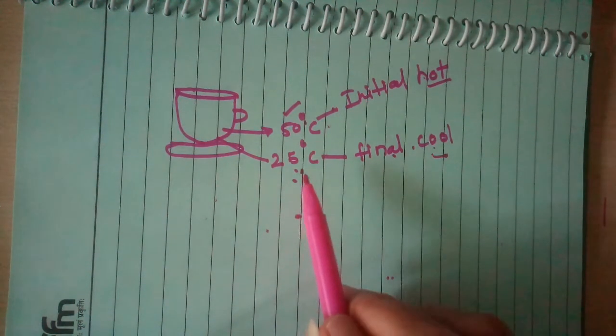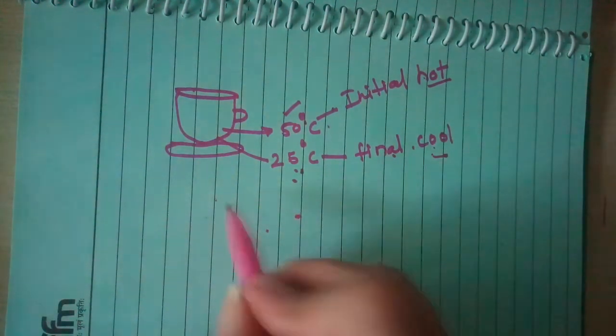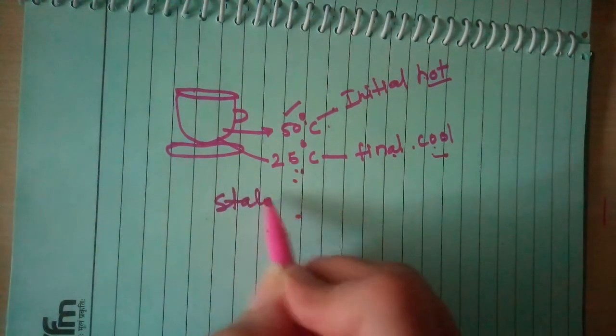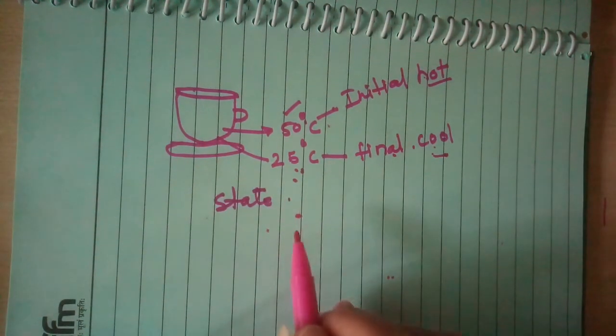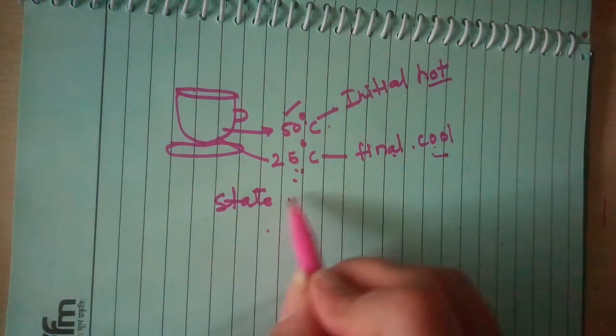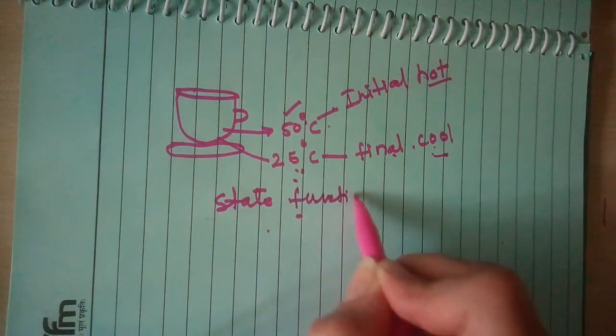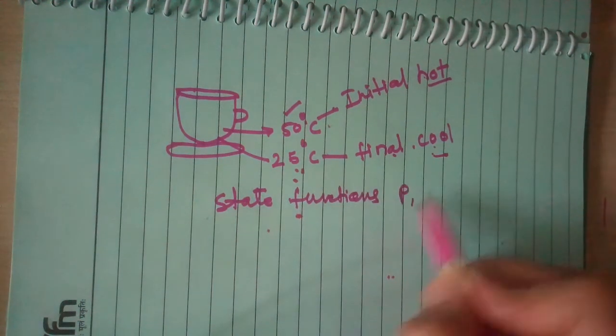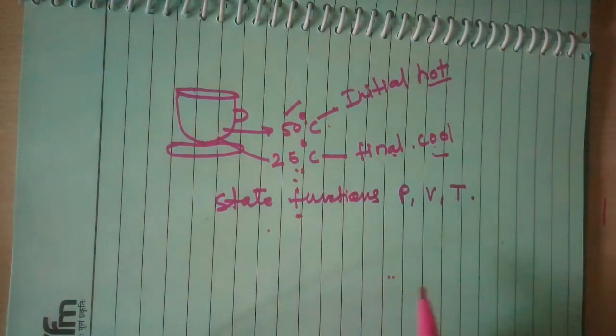It means that if you want to change the state of the system, you have to change some properties like pressure, volume and temperature. So these can be called state functions. Pressure, volume and temperature are called state functions.